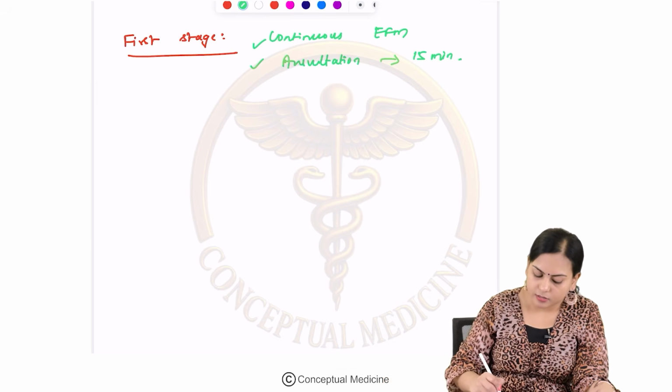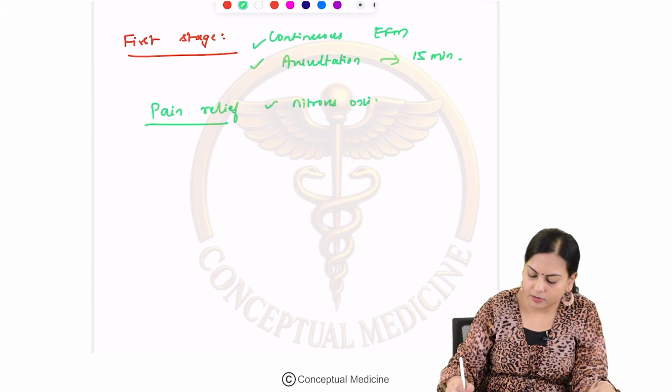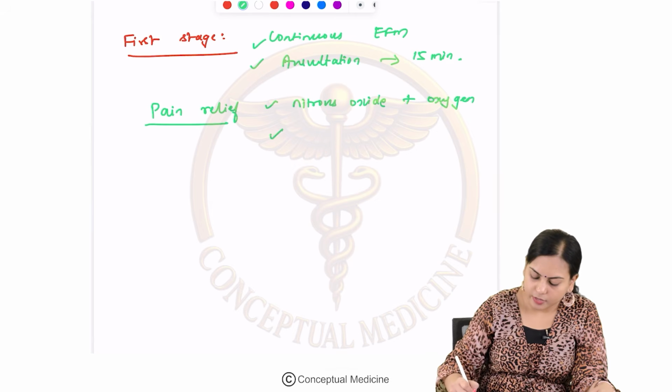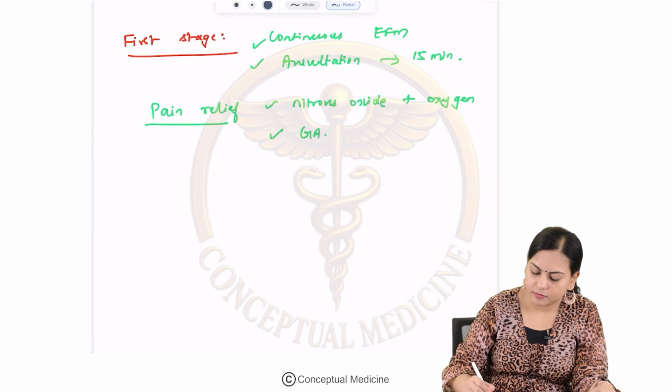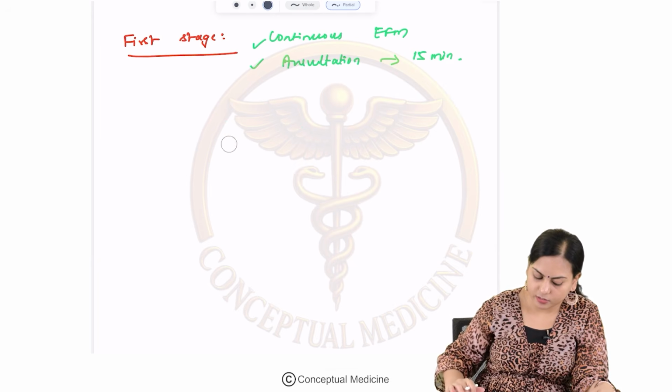Okay. Then you can offer pain relief for the mother by using nitrous oxide with oxygen.